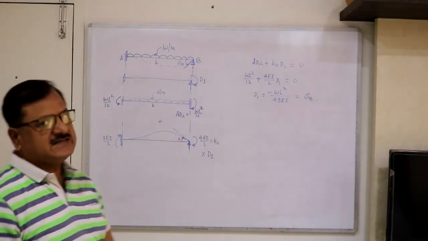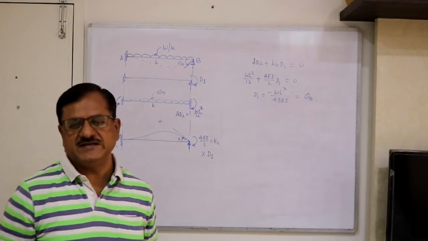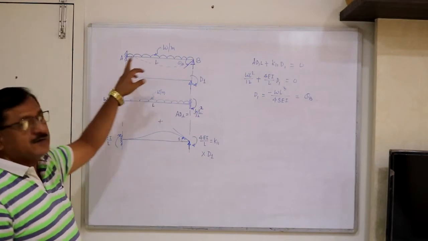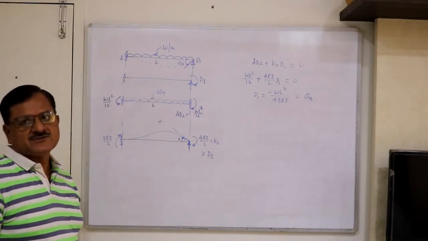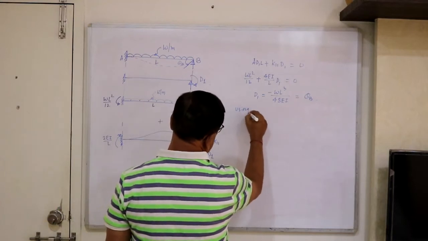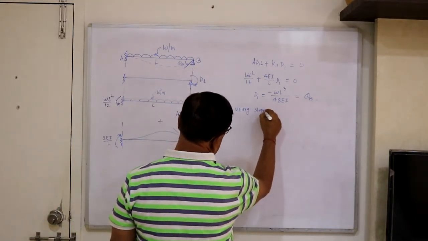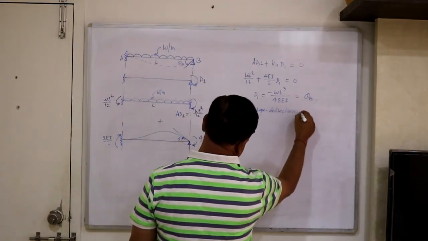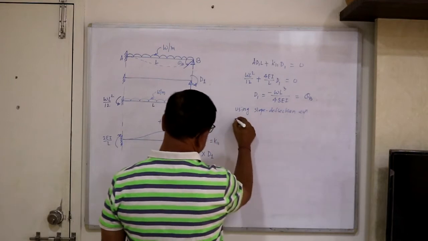Now once we get D1, joint displacement or theta B, now using slope deflection equations, you can find out MAB. So MAB, now using slope deflection equation. What is MAB?